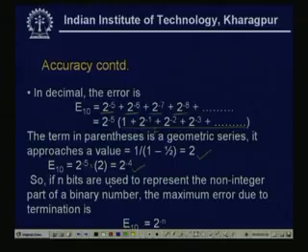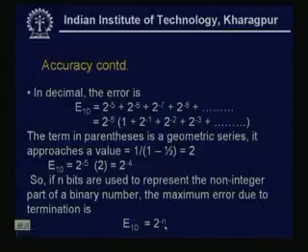So, if n bits are used to represent the non-integer part of a binary number, then the maximum error due to truncation is E10 equal to 2 to the power minus n. Here 4 is replaced by n in the general case. So, this tells us the accuracy of a number when it is converted from decimal to binary.